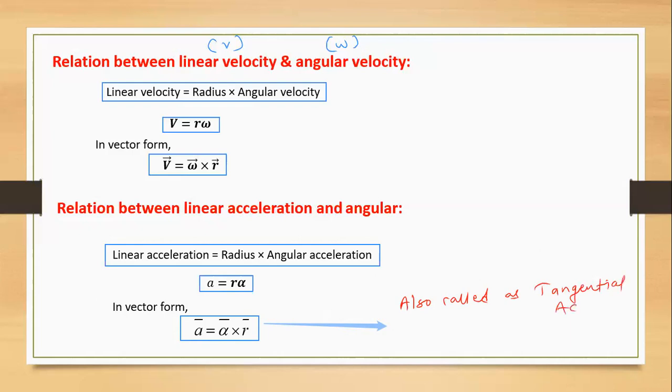You can write tangential acceleration a_t = rα, or in vector form, a_t bar = α bar cross r bar is the expression for this tangential acceleration. I hope you understood these relations between linear and angular quantities.